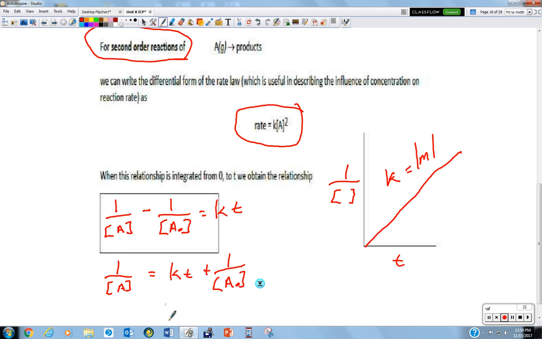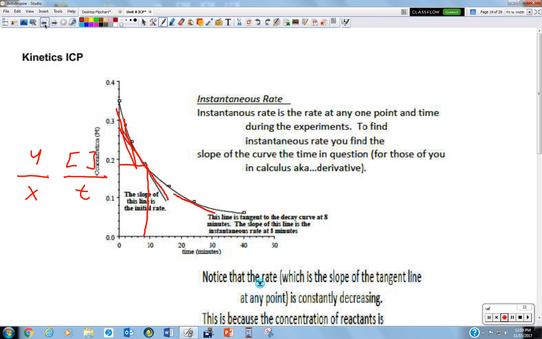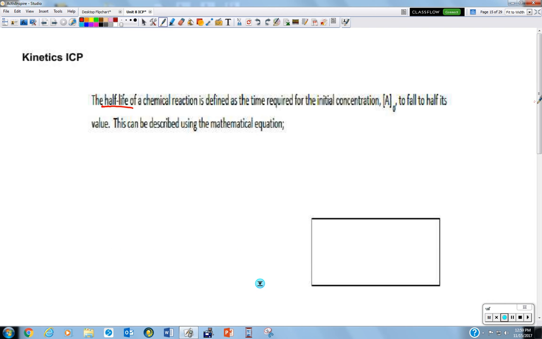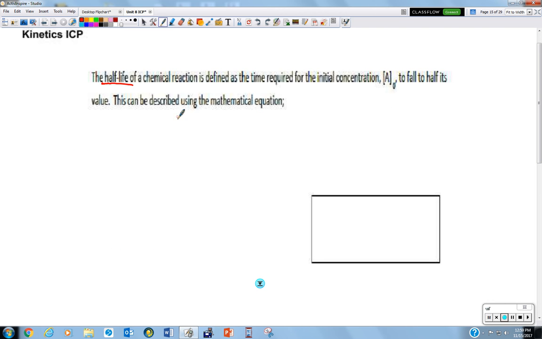All right, so let's go back to deriving the half-life equations. I'm only going to do half-life for zero order and half-life for first order. I'm going to give you an actual equation.